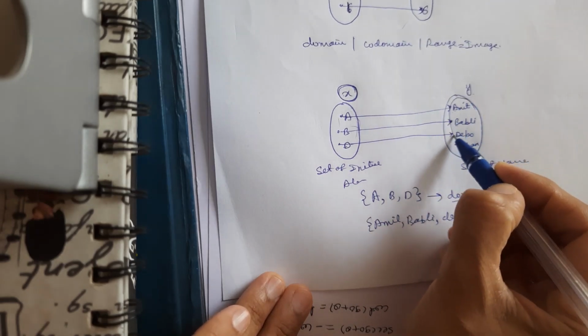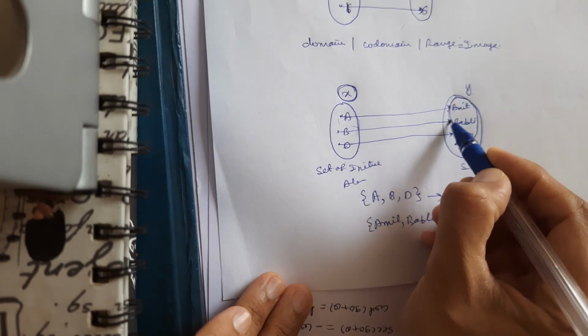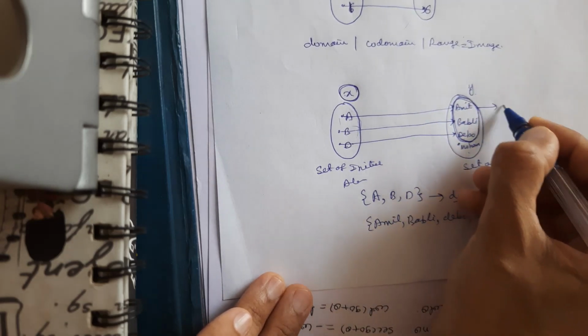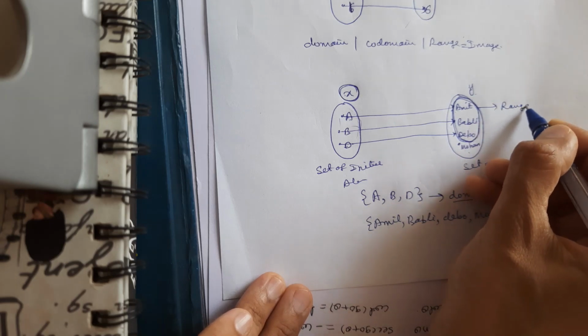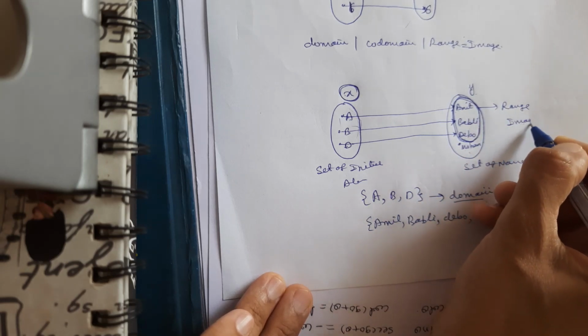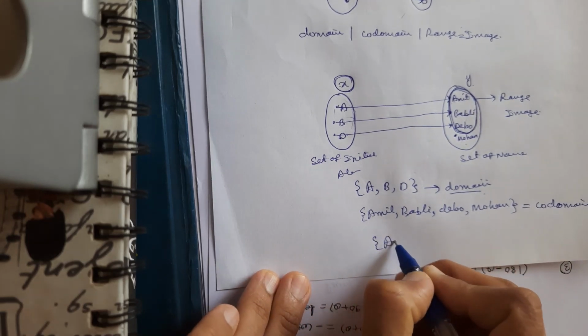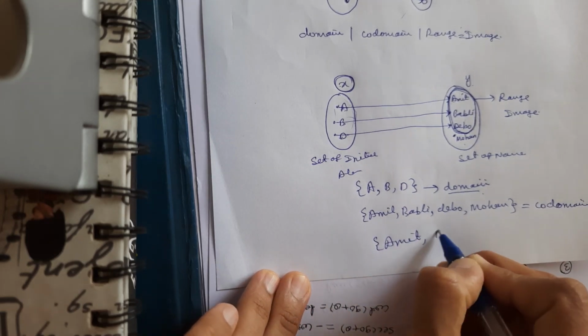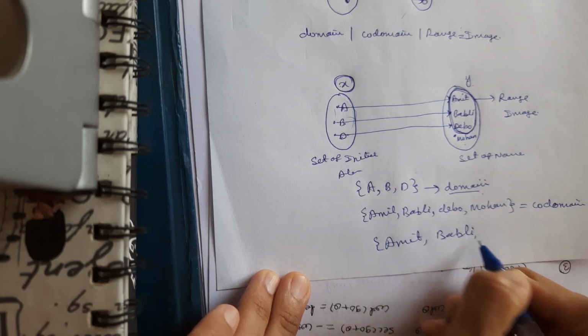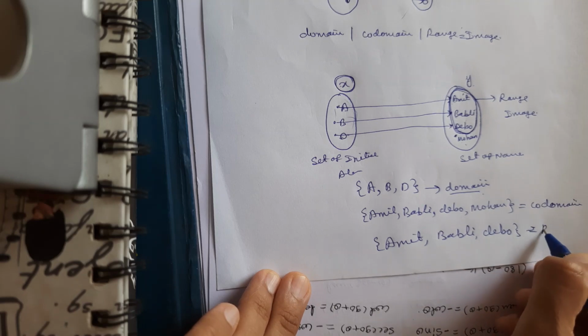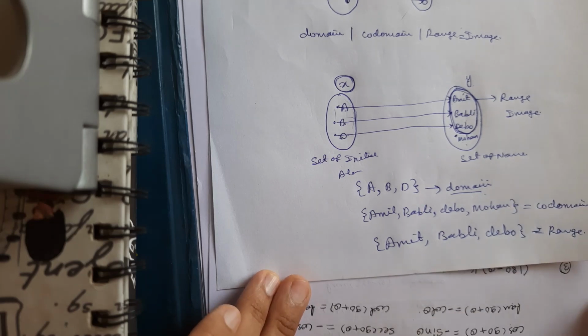Our function uses only these three values, right? Only these three values our function uses. So this is called the range of the function or image of the function. So the range will be nothing but this Amit, Bubbly and Debo. This is called the range of the function.